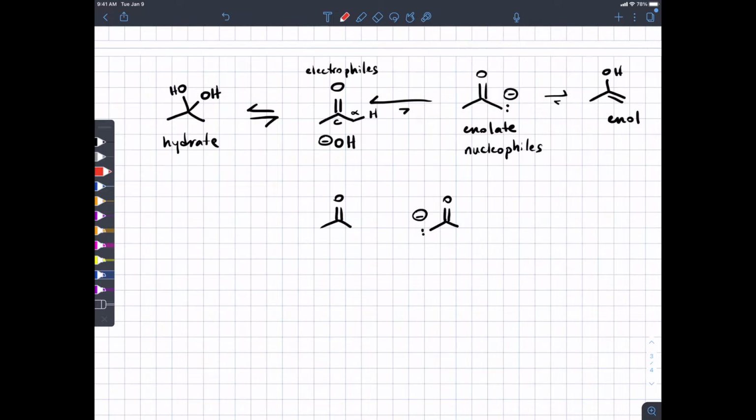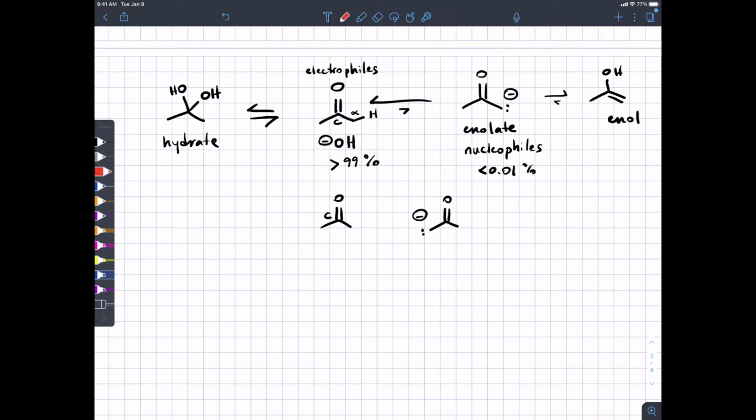The enolate can attack the carbonyl compound at the carbonyl carbon, because remember, at any given point under these conditions, there is like less than 0.1% enolate and greater than 99% carbonyl compounds. So these two see each other in solution.